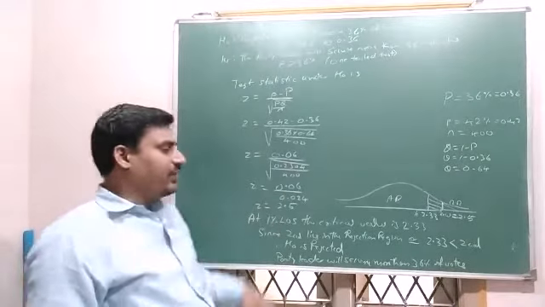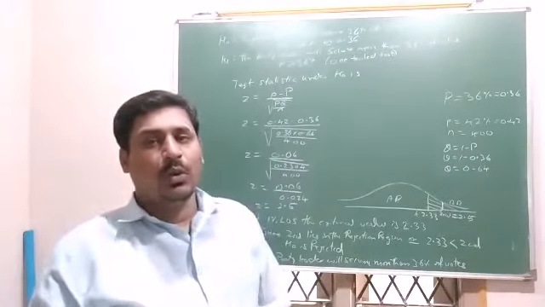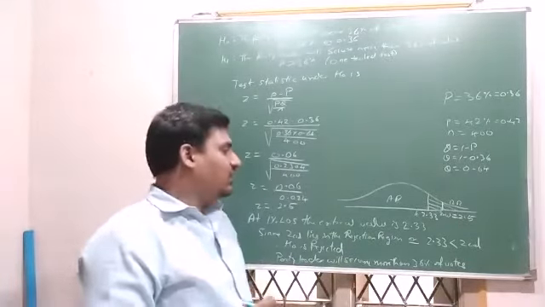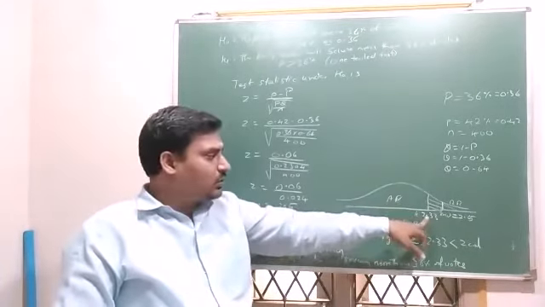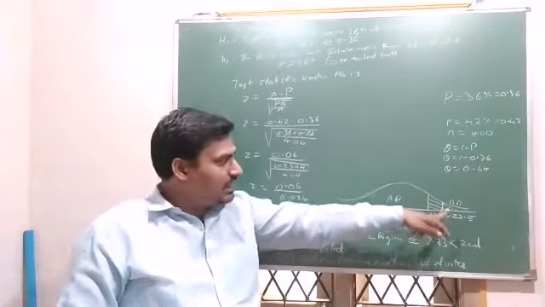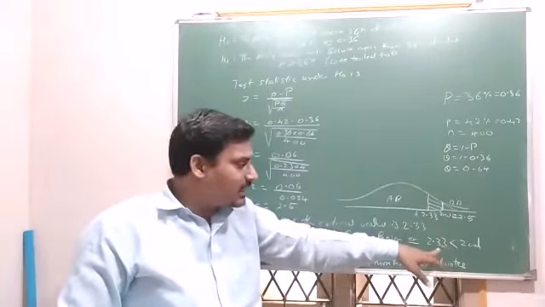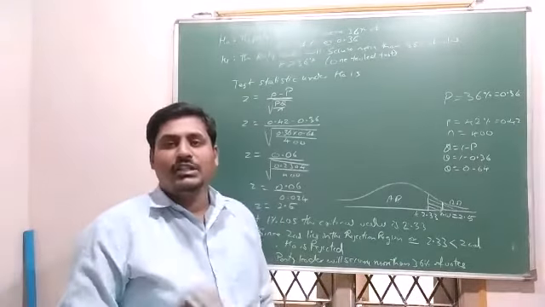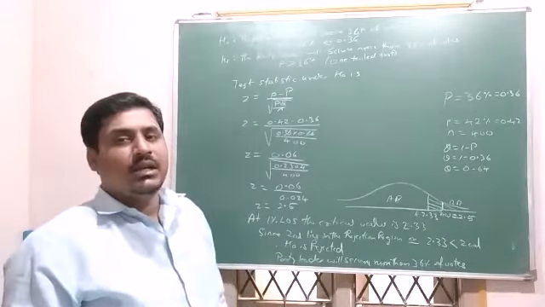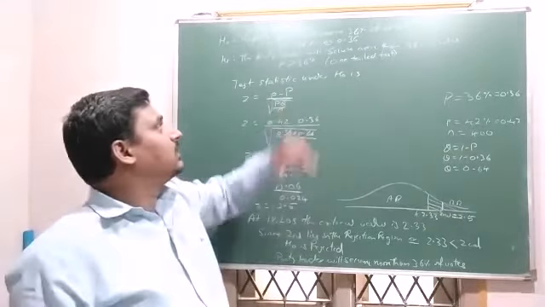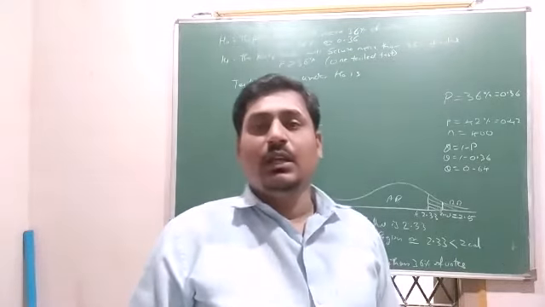This 2.5 is tested at 1% level of significance for a one-tailed test, and the critical value is 2.33. In the diagram also, our Z calculation lies in the rejection region, or Z calculation is greater than the critical value, so H0 is rejected and H1 is accepted, and it tells the party leader will secure more than 36% of the votes.